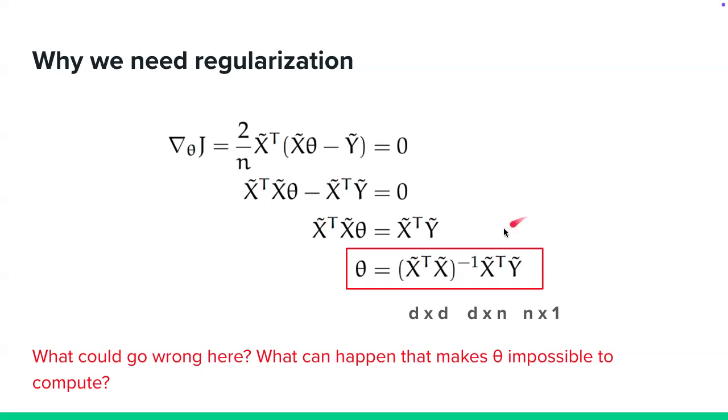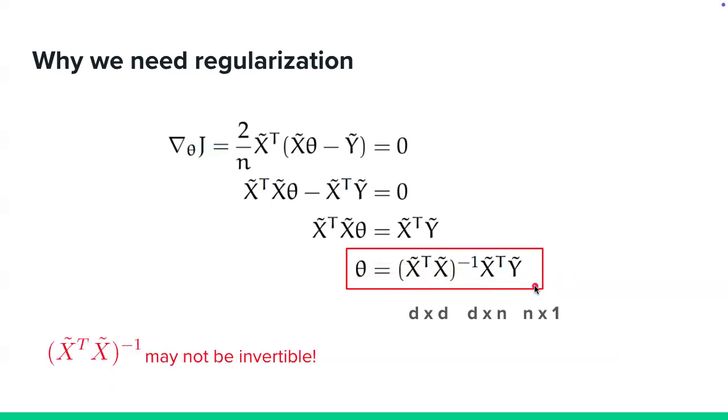Yes, if this inverse does not exist, then we can't compute this. So yes, that is correct. So sometimes X transpose X may not have an inverse. So we run into a problem here.